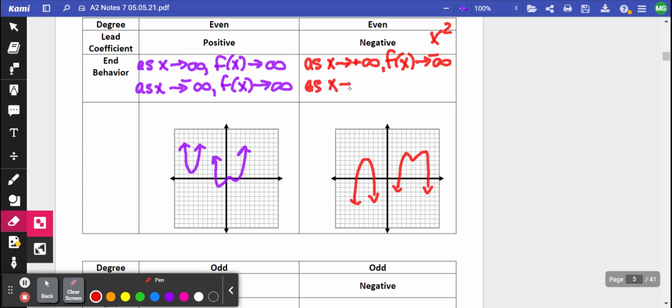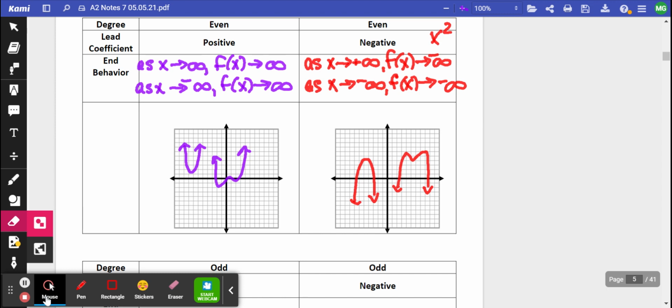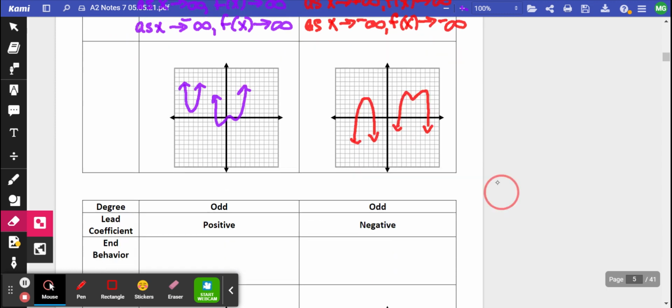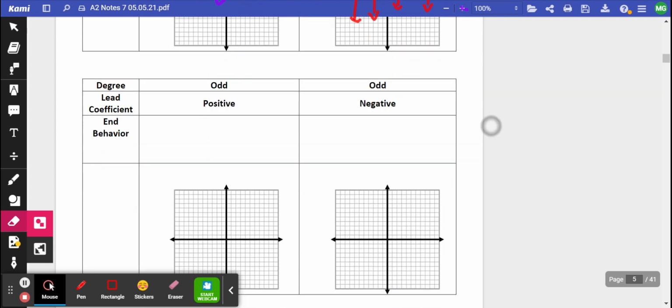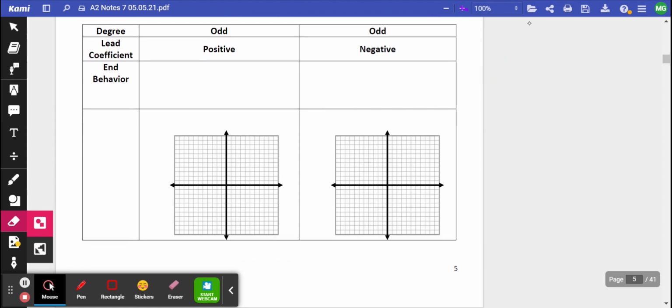And as x approaches negative infinity, f of x also approaches negative infinity. What we're basically saying there is any even degree polynomial with a negative lead coefficient is going to have end behaviors that both go to negative infinity. You're going to have to memorize these, by the way. But you can always think back to the quadratic, the parabola that you're so good at, that might help.